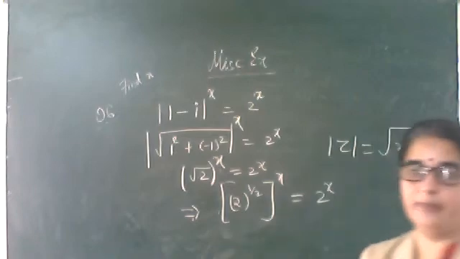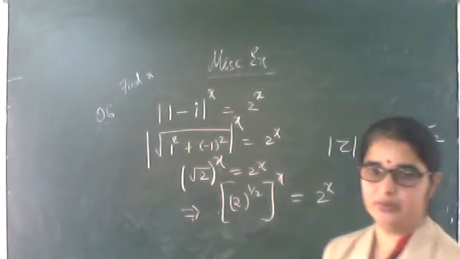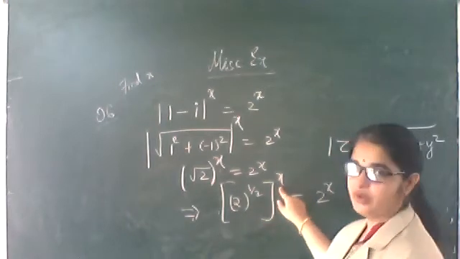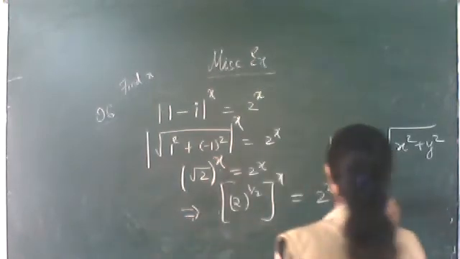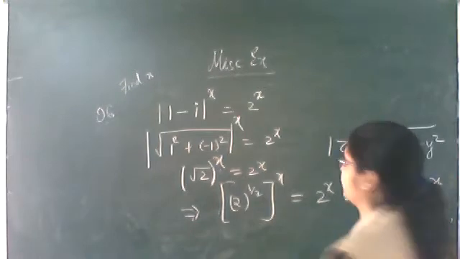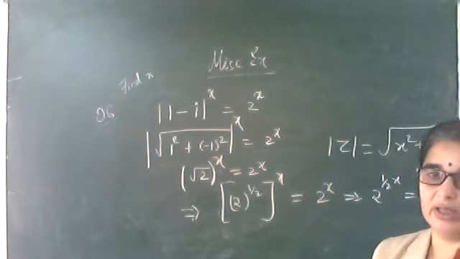Can we write root 2 as 2 to the power of half? We write it, no? Clear? So 2 to the power of half into x. By the laws of exponent, this implies 2 to the power of half x is equal to 2 to the power of x.